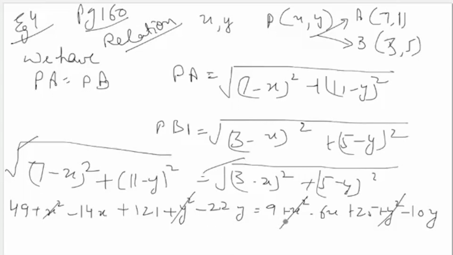Now shift the terms, you will get the relation. Tell me what would be the relation. First we are shifting x here, we will get 8x. Then y here, we will get plus 12y. When it goes there, the sign changes, you have to solve it.